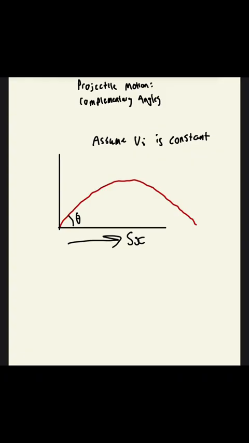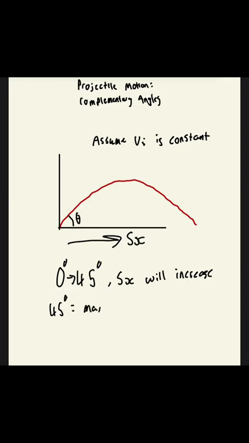Now, if Vi is constant, from 0 to 45 degrees, as we approach 45 degrees from 0 degrees, then the Sx will increase. So the horizontal distance will increase. Okay. Now it reaches a maximum at 45 degrees. So 45 degrees equals the maximum.